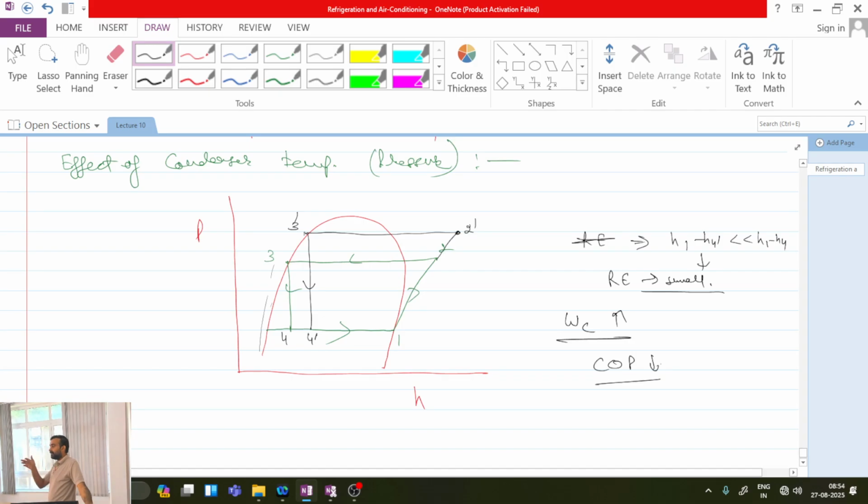Because of this, the COP will actually decrease significantly. That is the reason that in summers the ambient temperature is close to 35-40 degrees Celsius, so the refrigerant in the condenser has to be above that, say 55 or 60 degrees Celsius. Whereas in winters, the ambient temperature is 20 degrees Celsius, so the refrigerant can go only up to 25 or 30 degrees Celsius after the compressor.